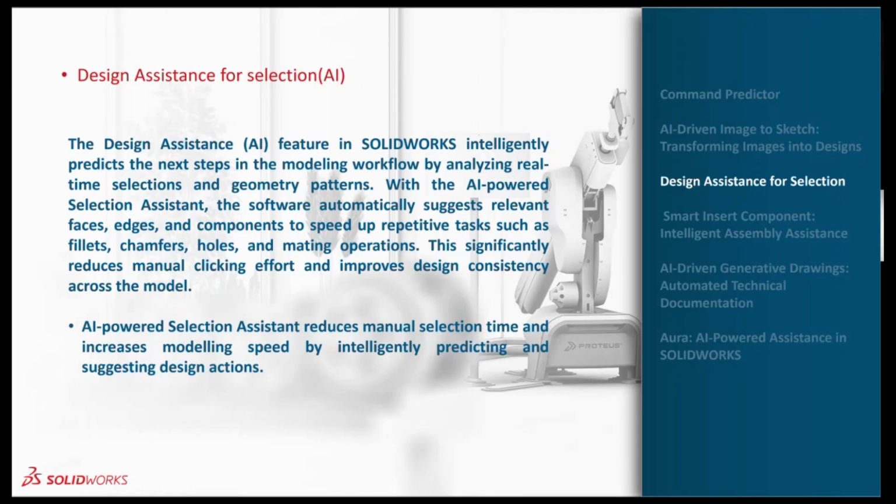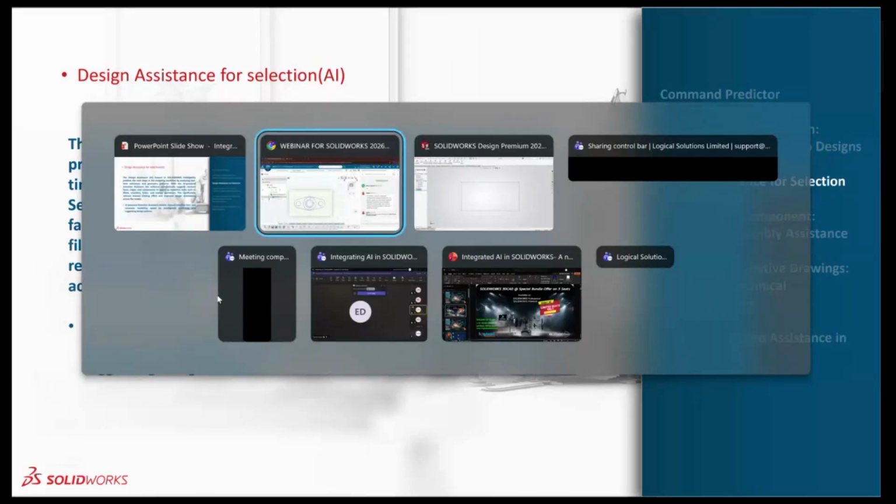This design assistance for selection will eliminate repeated multiple-click geometry marking, improve consistency across symmetrical and component family models, and significantly reduce designer fatigue and cognitive load. In complex parts and assemblies, this AI-based selection can reduce repeated selection time by 60 to 70%. So let us see how this enhancement will work in the cloud.